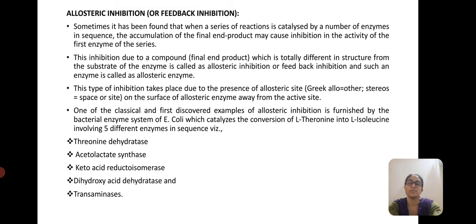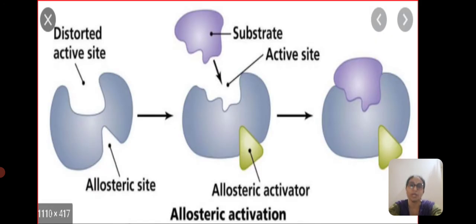That is called feedback inhibition or allosteric regulation. You can see the diagrammatic representation here. What happens is the product will come and attack the first enzyme, that is the threonine dehydratase in the example.